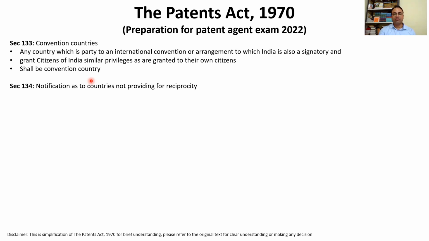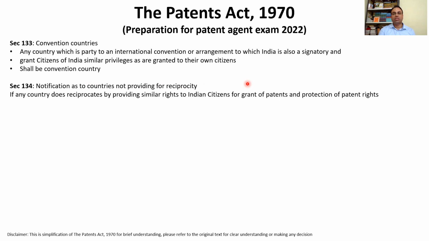Okay. Section 134, notification as to countries not providing for reciprocity. As I discussed, if they're not reciprocating, then we can always report back. So if any country does not reciprocate by providing similar rights to Indian citizens as they are providing to their own citizens, then no national of such country is entitled, and the Indian Patent Office will also not give them equal chances.